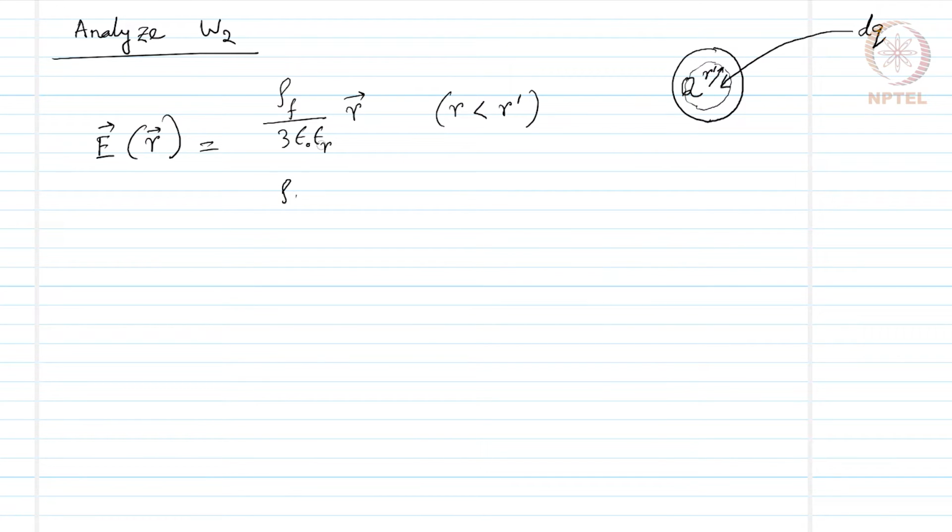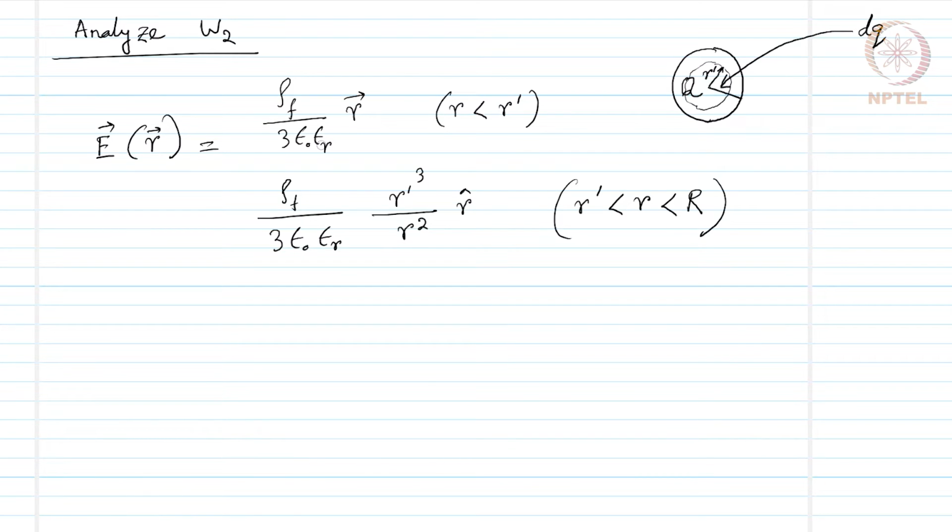It would be rho f over 3 epsilon naught epsilon r, r prime cubed over r squared, r cap direction, for r prime less than r less than capital R. That means in between r prime and capital R, that region.